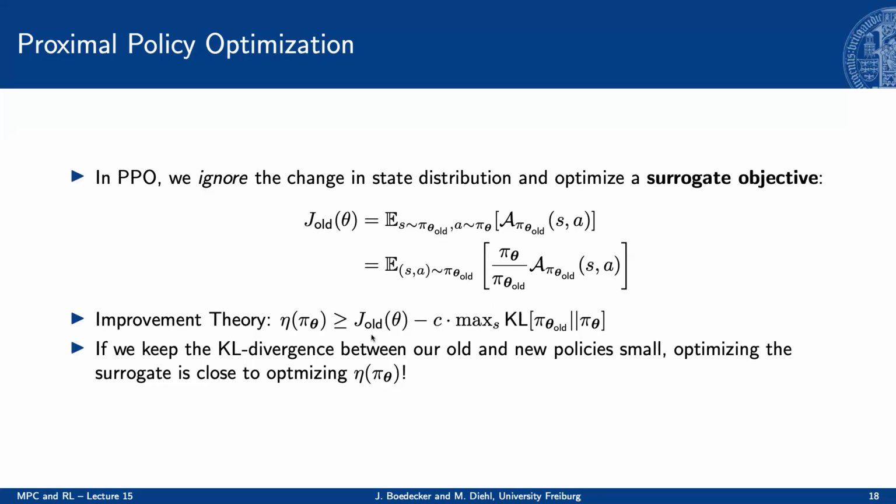So the improvement in this objective function with respect to the new policy parameters will be the value of the old policy parameters minus a term that depends on the maximum difference between the distributions, the one of pi theta old and the one of pi theta. And the smaller this is, the bigger will be this eta, so the bigger will be the improvement, because then we're closer to optimizing this real objective.